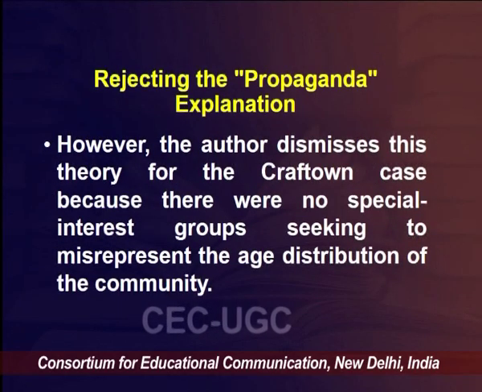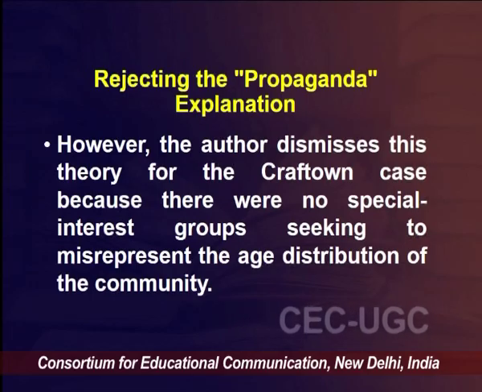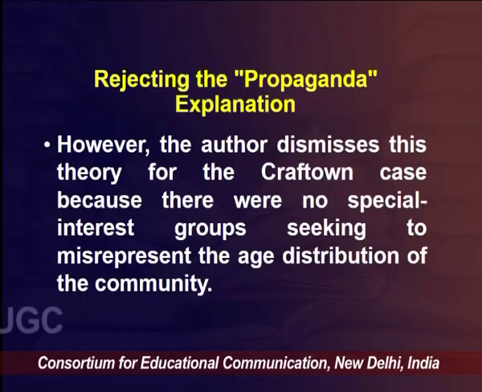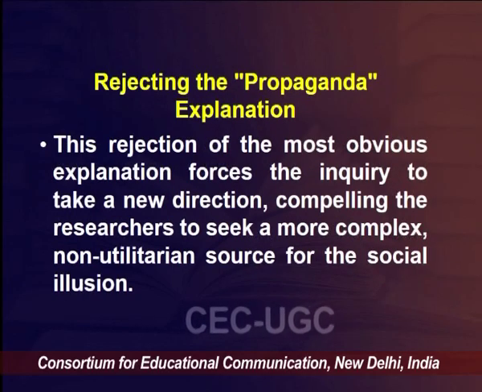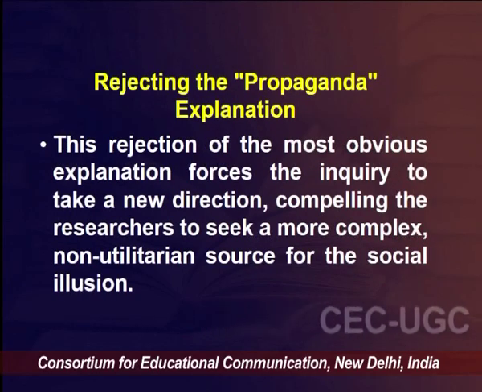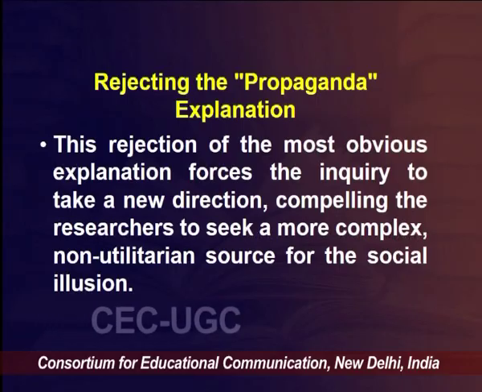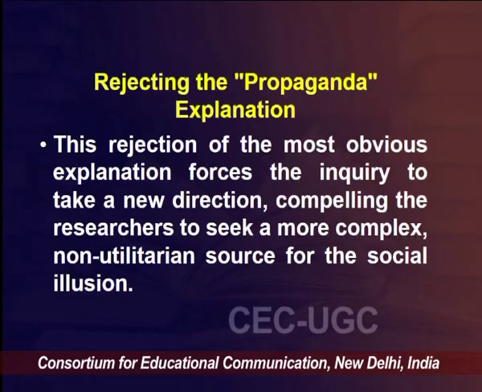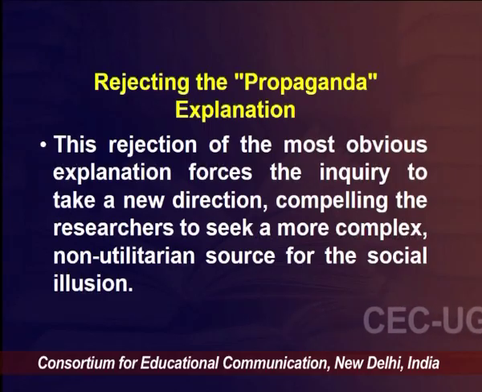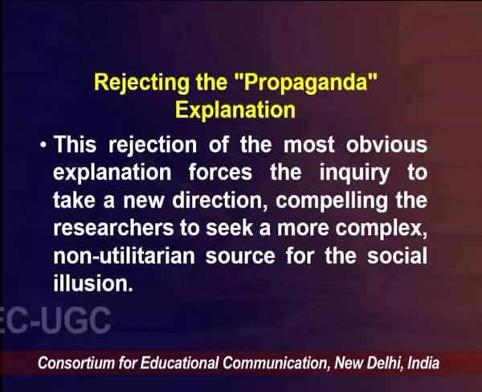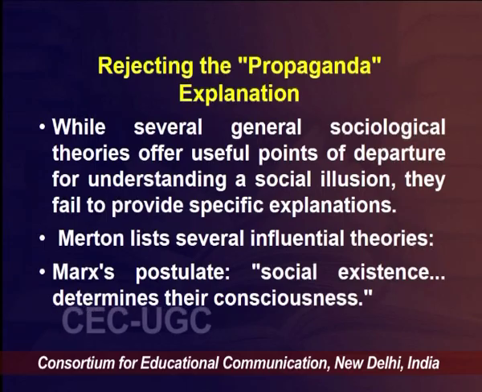However, the author dismisses this theory for the Crafttown case because there were no special interest groups seeking to misrepresent the age distribution of the community. This rejection of the most obvious explanation forces the inquiry to take a new direction, compelling the researcher to seek a more complex, non-utilitarian source for the social illusion.